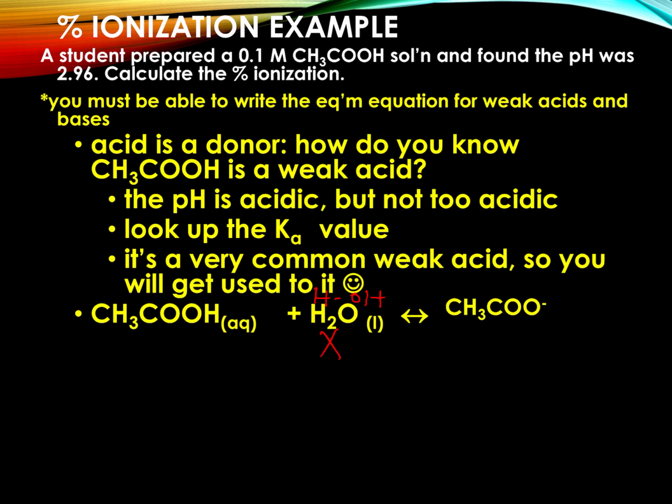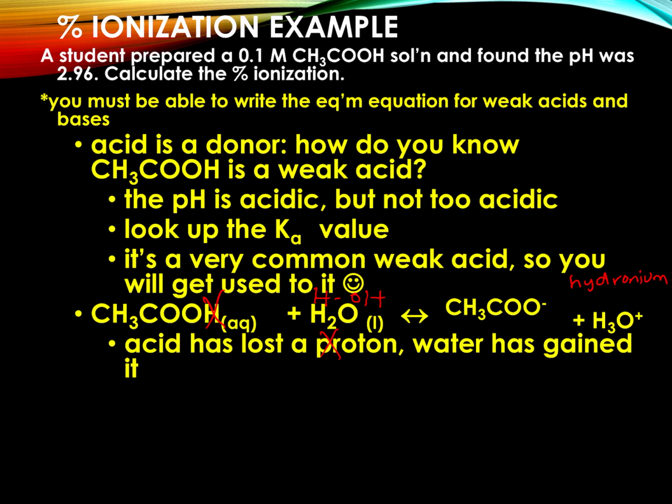Okay, so you're going to get acetate. Again, the proton that's going to be lost on acetic acid is the one on the end. And then when water accepts the proton, you're going to get hydronium, the hydronium ion. So if you choose to not write the water, then you would just write H+.